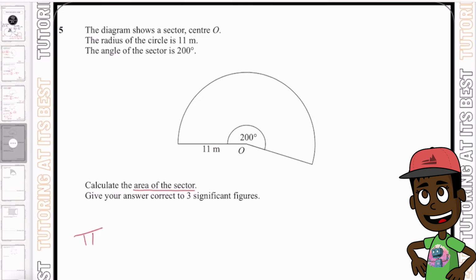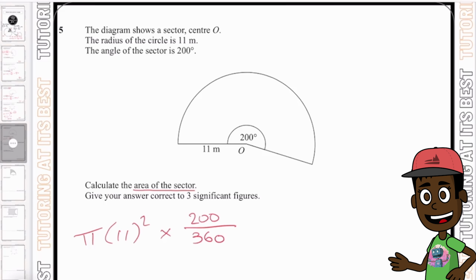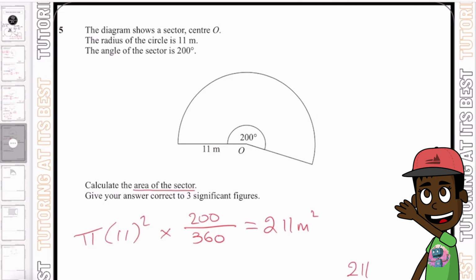So we'll have pi r squared, and you can do this in any order. You have pi 11 squared, or you could even have your fraction first, which is your sector. We'll then multiply this by 200 over 360. And like I mentioned, you can put this in any order at all. If you put that in the calculator, we would then get 211 meters squared. So again, 211, and that's our answer.